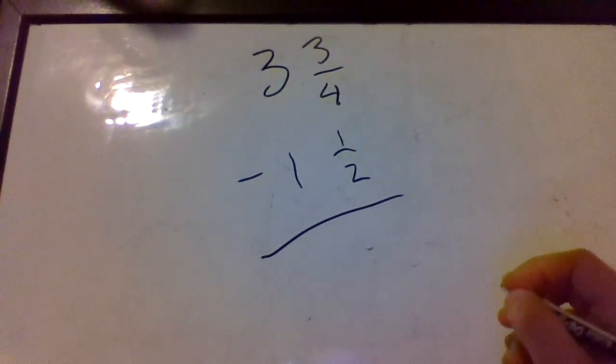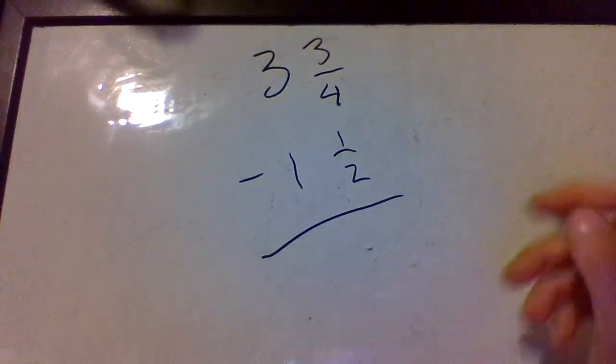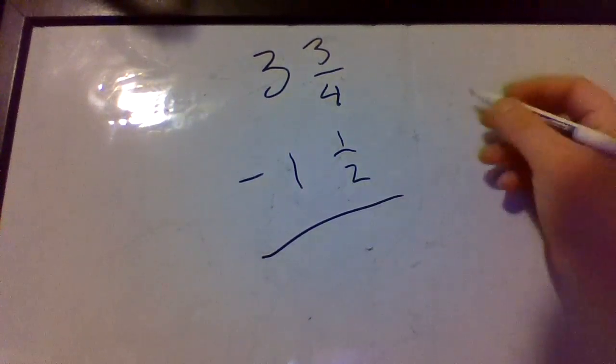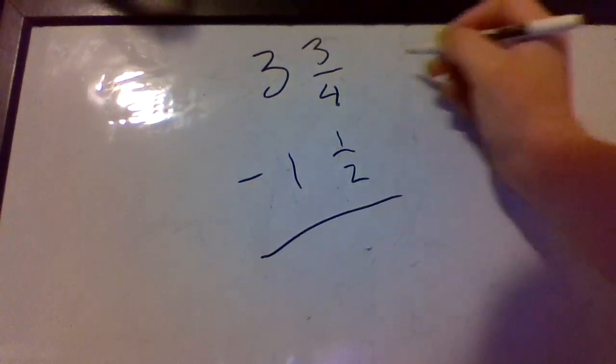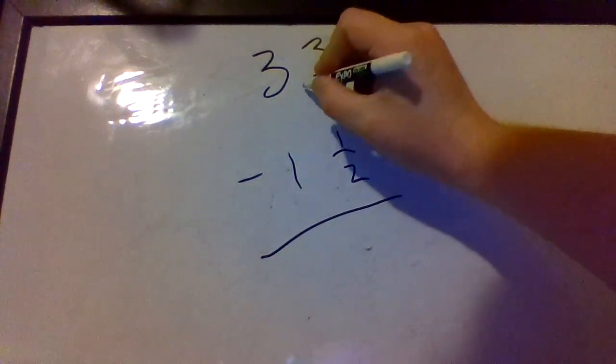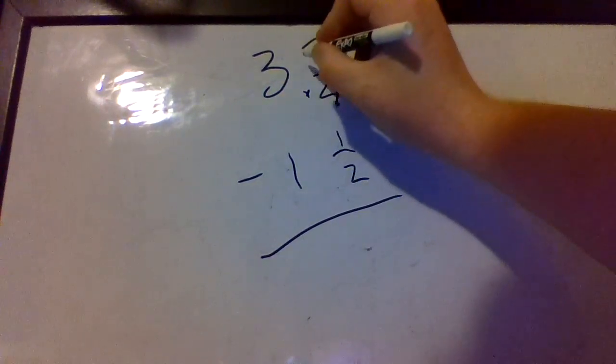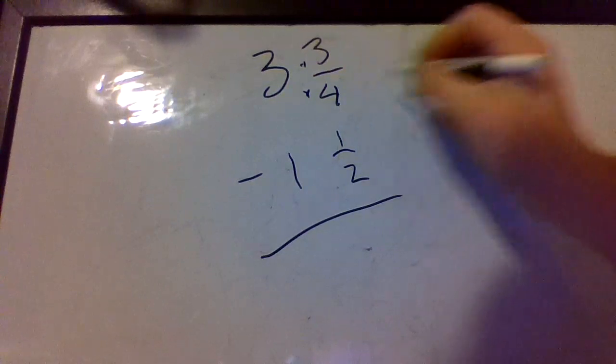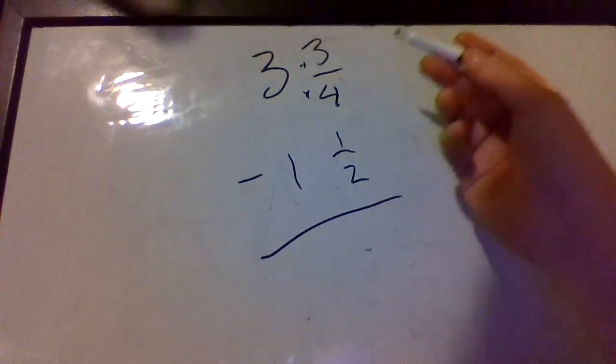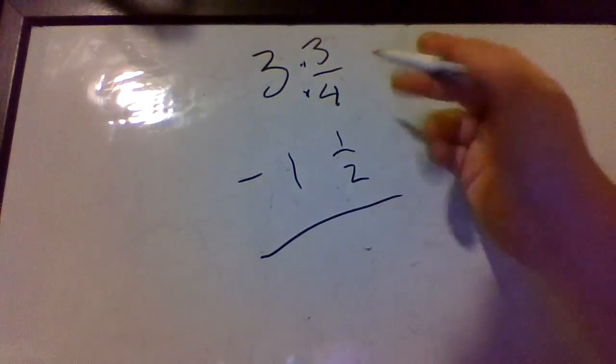Alright, so as we saw yesterday with adding mixed numbers, we can change these into improper fractions if you would like, but I think it just makes it a little bit more difficult. So I'll show you that way to show you that it's possible.